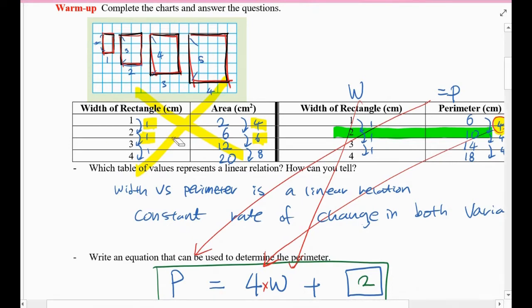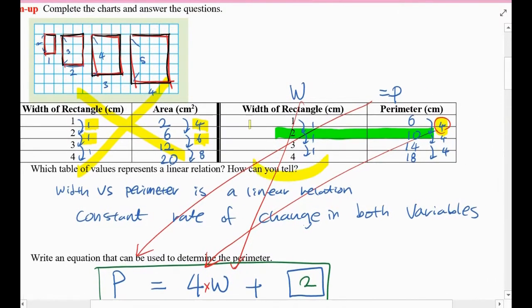So for example, here, if you look at the width, it does not depend on any variable, but perimeter changes depending on the width. Perimeter changes, right? If the width is 1, perimeter becomes a 6. And if the width is 2, perimeter becomes 10.